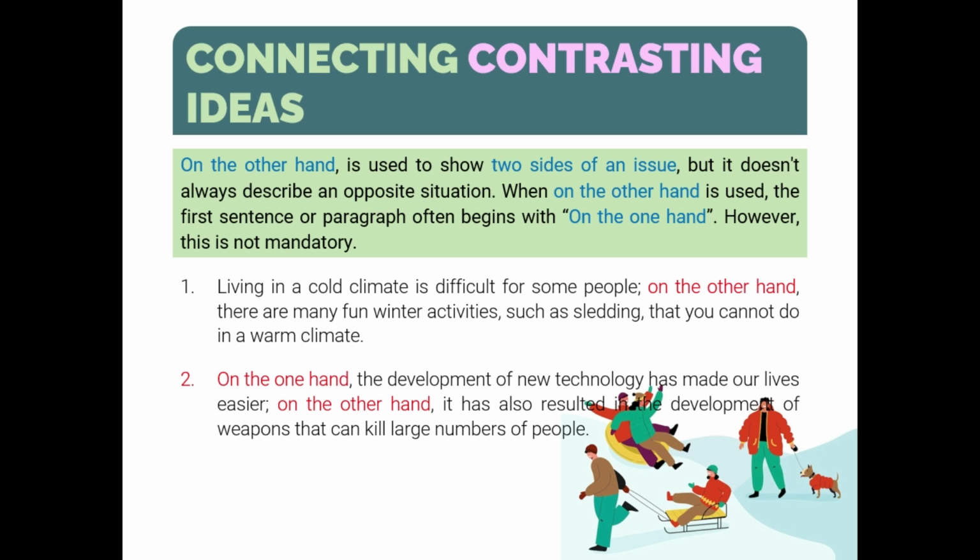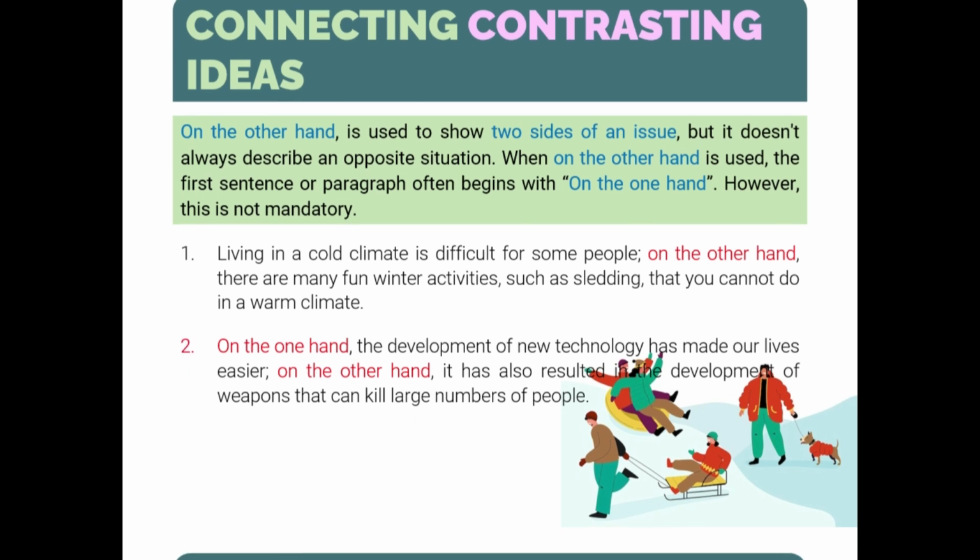On the other hand, it has also resulted in the development of weapons that can kill large numbers of people. Notice the punctuation rule for on the other hand. After the first clause, we use a semicolon and a comma after on the other hand to tell apart side A from side B of the described issue.